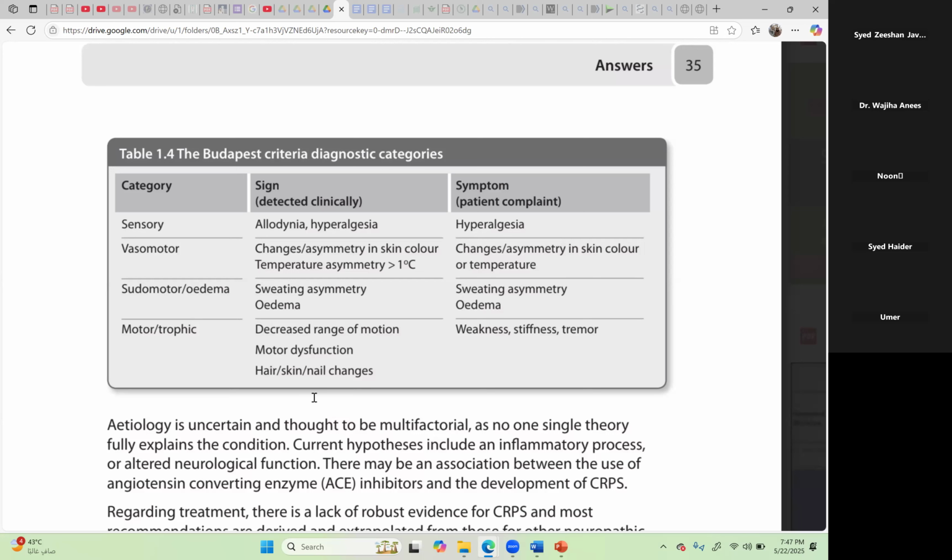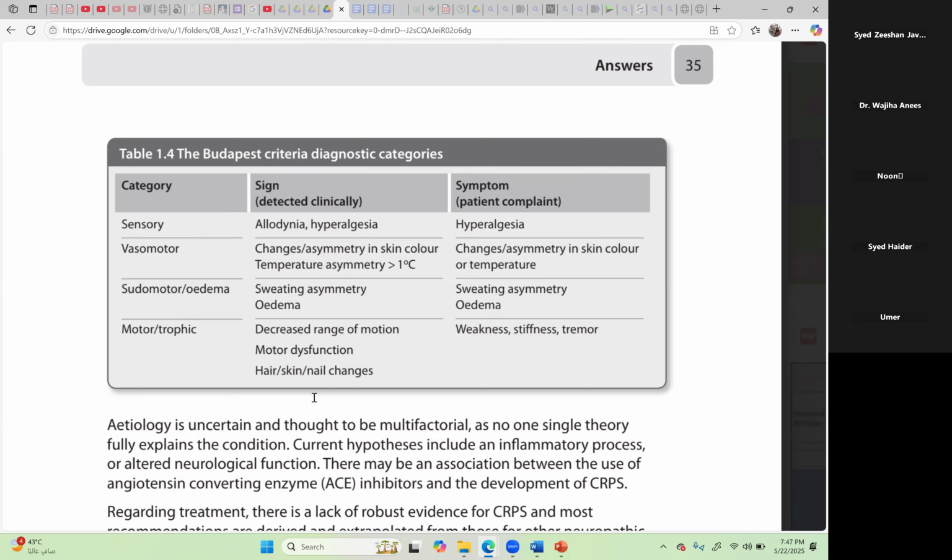If I'm not wrong, hyperalgesia is increased pain sensation. Okay, so these are signs. Allodynia, hyperalgesia, sweating asymmetry, edema. So this is sensory. Vasomotor are changes in asymmetry of skin color, temperature asymmetry. Pseudomotor is sweating asymmetry, edema, and motor changes like decreased range of movement, motor dysfunction.